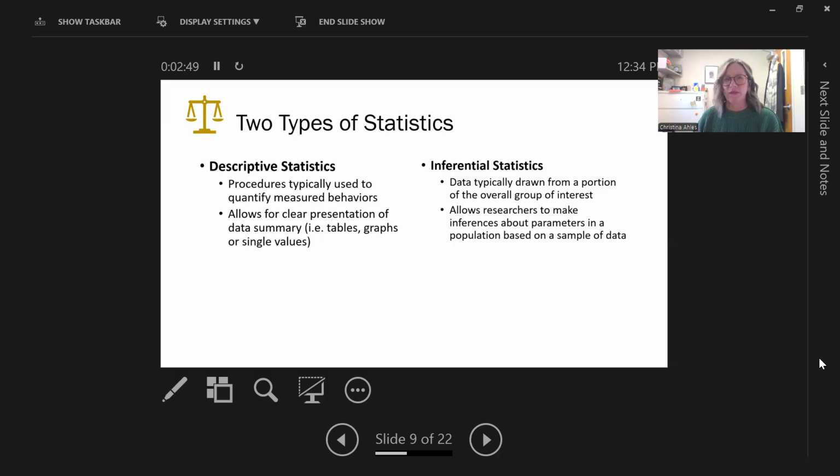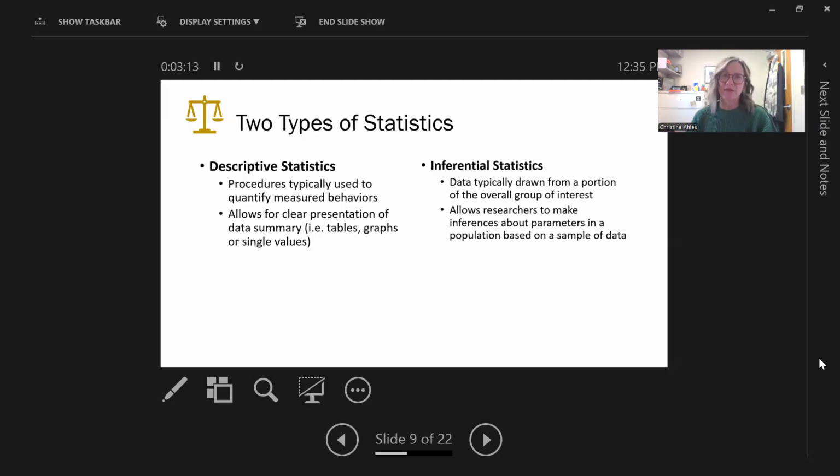It summarizes data, it describes data, it organizes data, and it's often in the form of single values, which would be a statistic that describes a data set, or it could be with tables or graphs to summarize or organize the information.